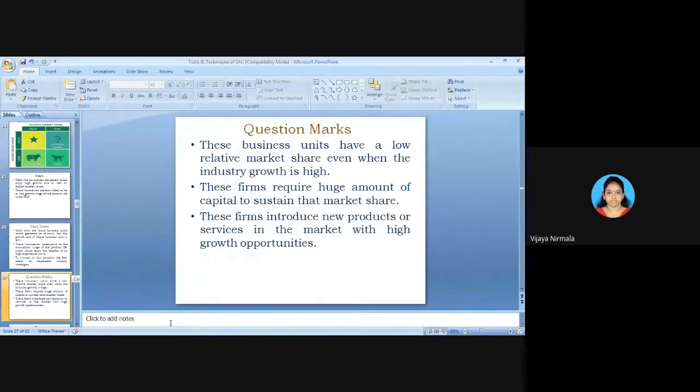So these question marks will create entry barriers for other firms in the industry. These companies, which have low market share and high growth rate, create entry barriers if anybody wants to start a new business in the market.